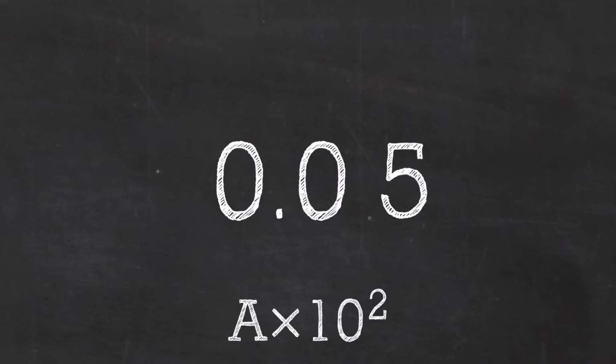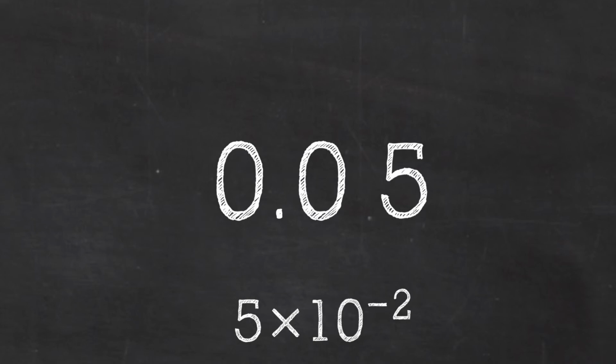Again, the number B is replaced by a 2. However, because we've moved towards the right, we're moving towards smaller numbers, and therefore a minus sign is required before the 2. If we remove all the zeros that we hopped over, and the one that was before the decimal place, we're left with the number 5. This becomes our number A. So the number 0.05 can be written in scientific notation as 5 times 10 to the power of minus 2.